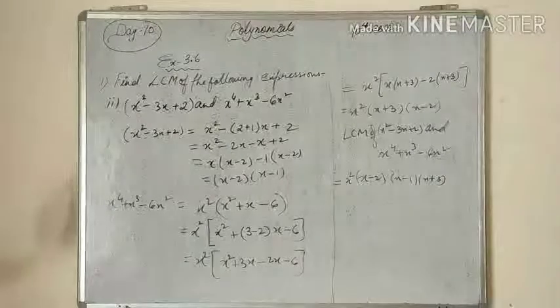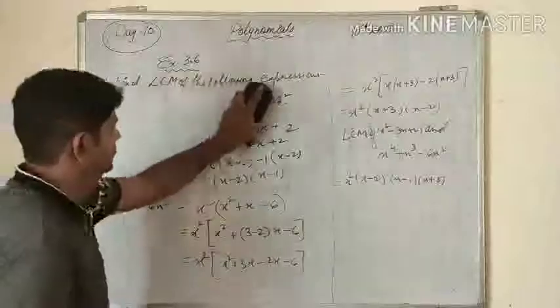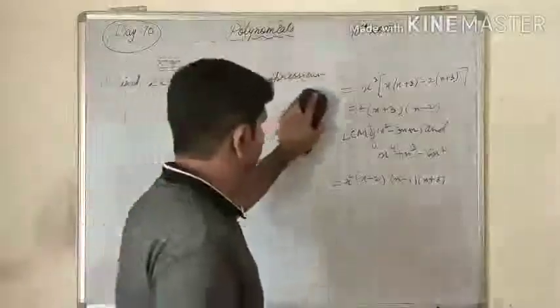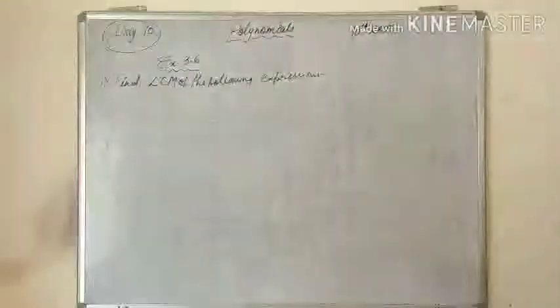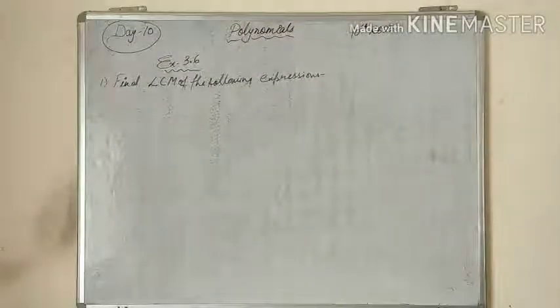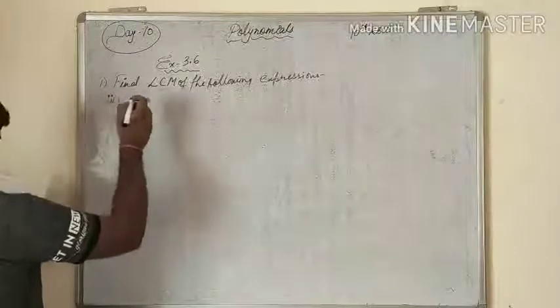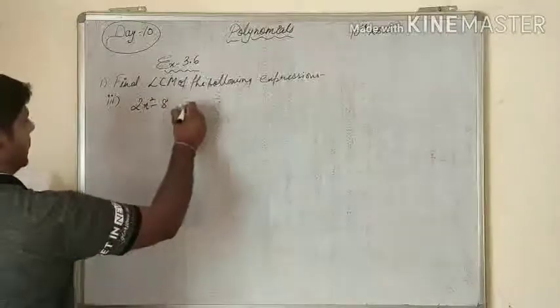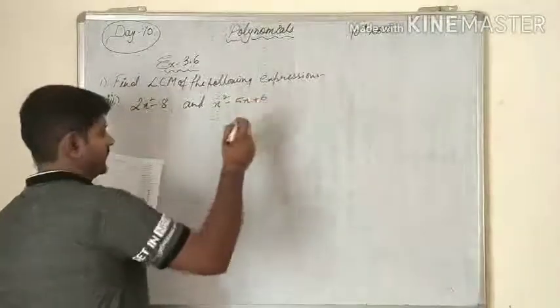That is question number first, third part. Part number 3, which is 2x square minus 8 and x square minus 5x plus 6.